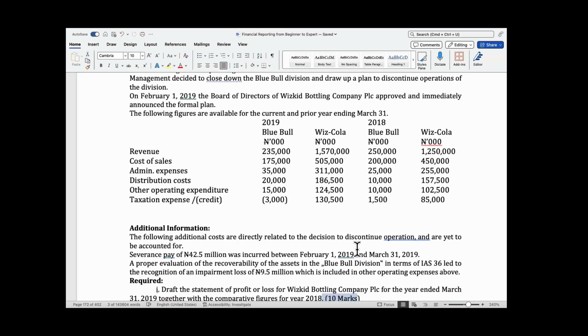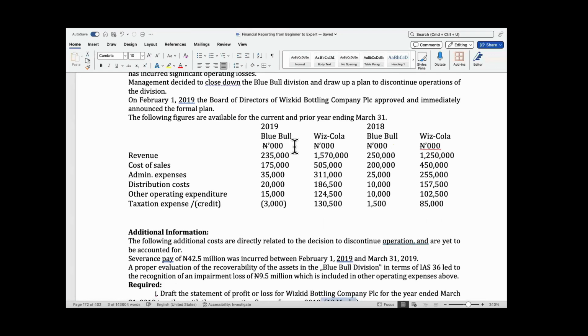All they want you to do is that this Blue Bull that they want to discontinue, just make sure you present this revenue, cost of sales, everything, under discontinued operations. That is it. And when you get to this severance pay and this impairment loss, make sure you present them separately.